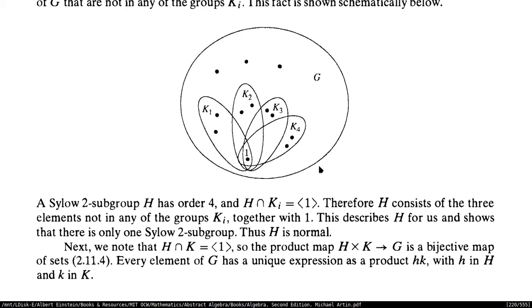It gives us one relation: X to the 9th equals 1. And now we could let K act on the set of conjugates of H, right?